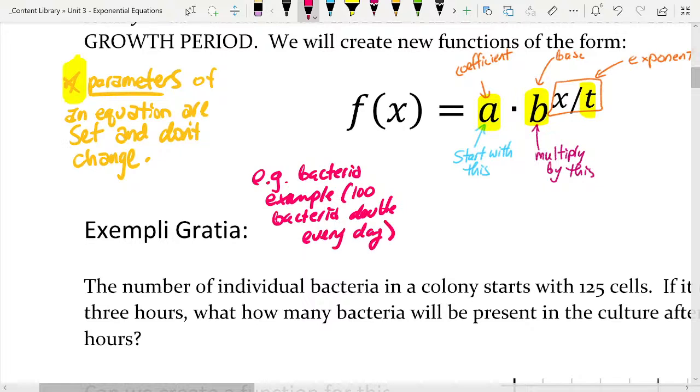If we use that as our example, then we would say the population of bacteria is a function of x such that, what number would I say we're starting with? We'd start with 100, right? And then, what are we multiplying by? 2. Why 2? That's doubling. So 100 bacteria, double. So you always have to remember, what are we multiplying by?